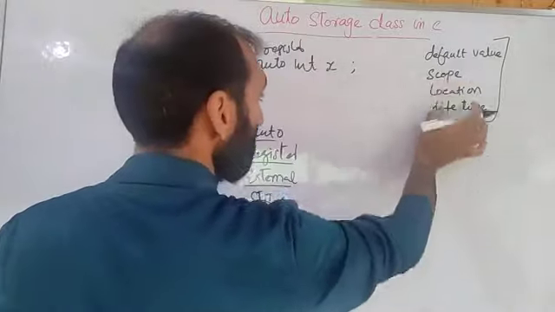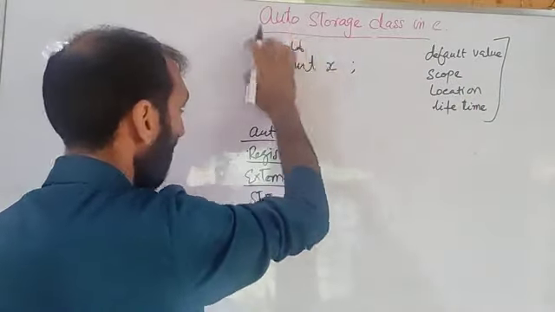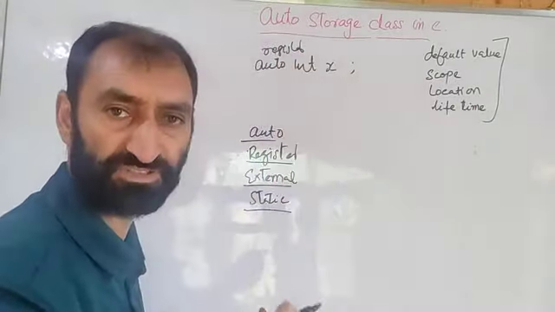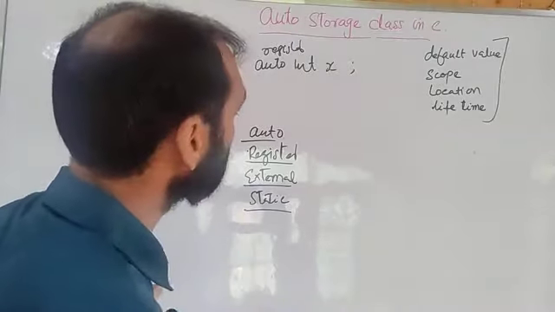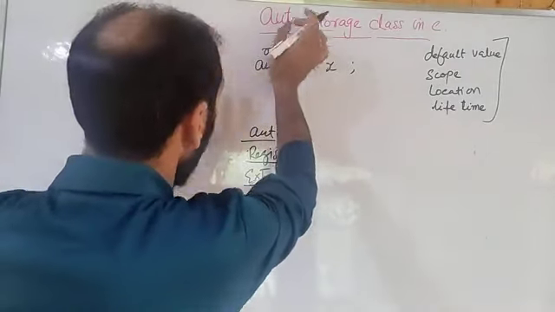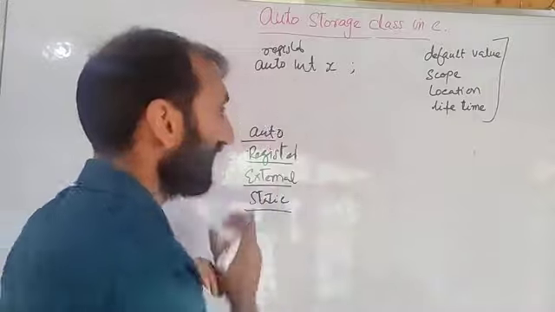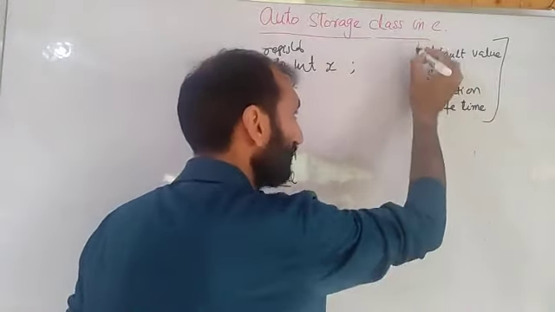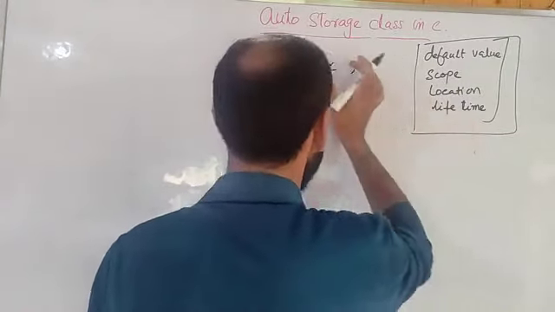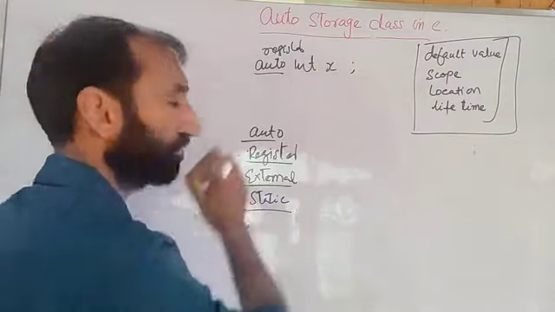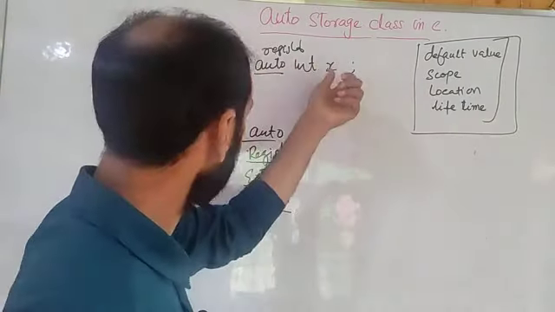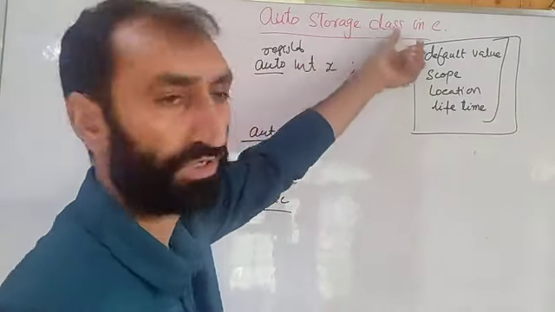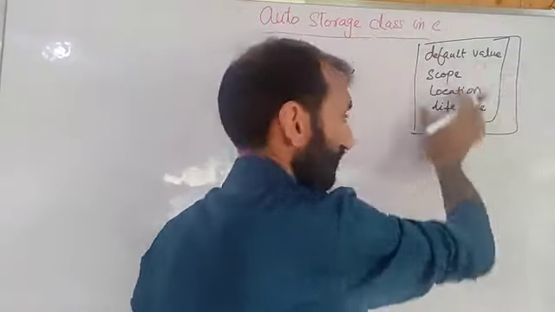That means these values change according to their storage classes. In this video, we will discuss what these values would be when the variable is associated with the auto storage class.